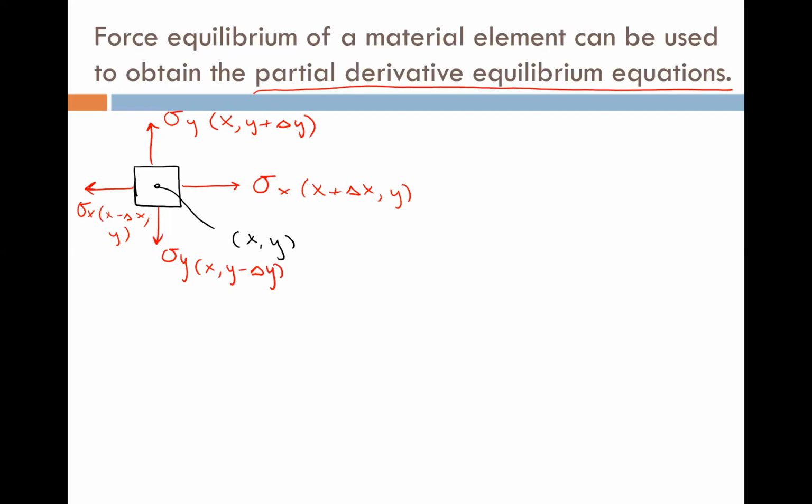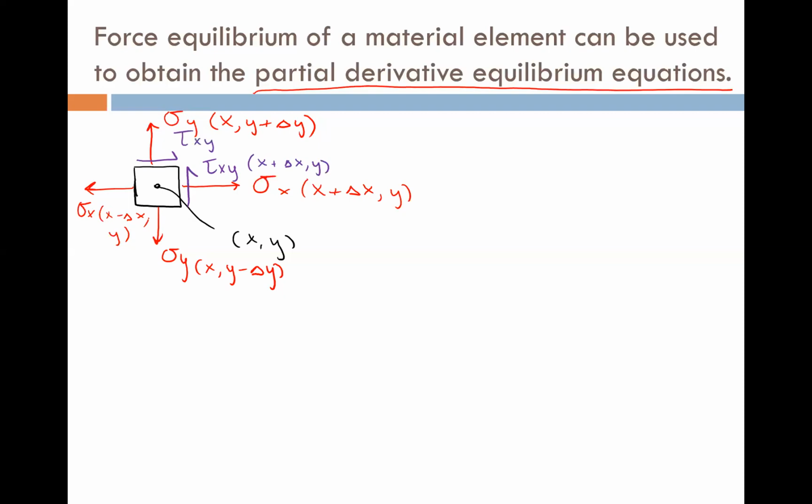So the stuff in the parentheses is just telling you the location, and sigma x is a function of that location, and it's going to vary just slightly over the element. And then we want to add in our shear stresses. So they're all going to be tau xy, except that this one is occurring at x plus delta x, comma y.